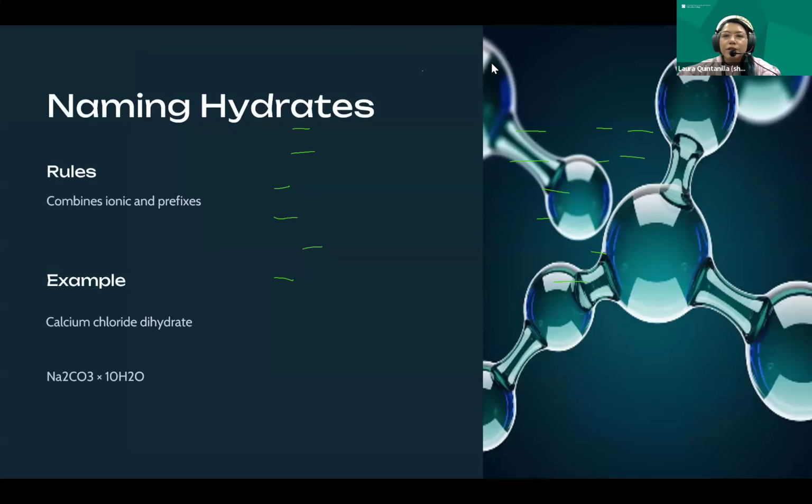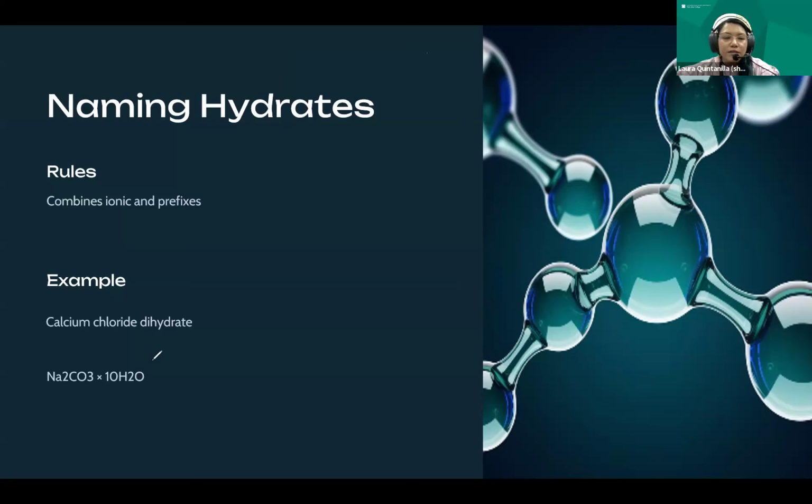Another one you might see, which I didn't put on the flowchart that we had, was hydrates. It's going to combine the rules for naming ionic compounds and then using prefixes. So if we were to write out calcium chloride dihydrate, we can write out the formula.